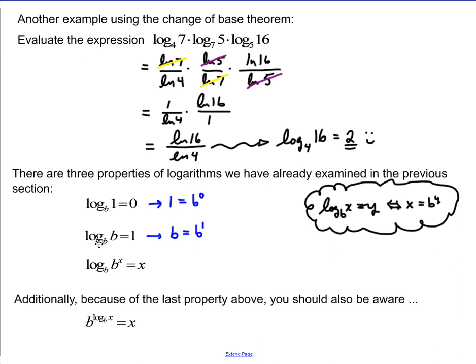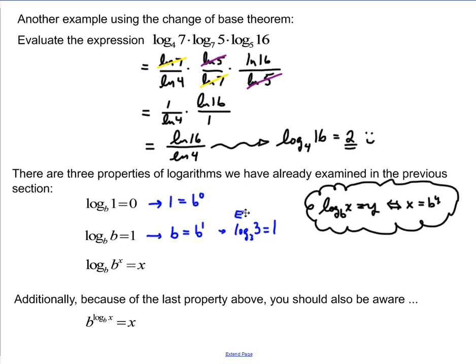And it doesn't matter what base we're talking about. If, for example, I was taking the logarithm base 3 of 3, I know I should get 1 because 3 to the first is equal to itself.